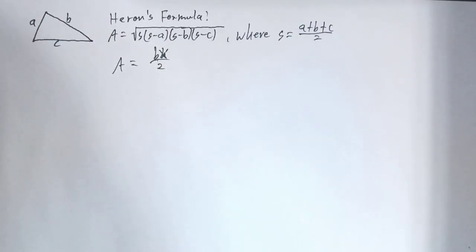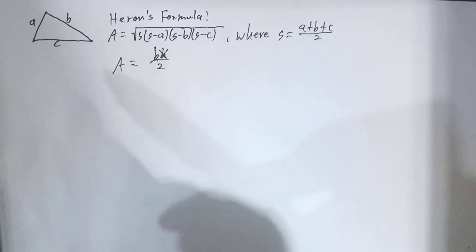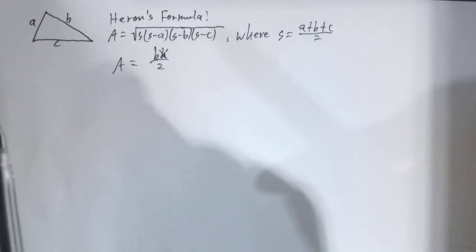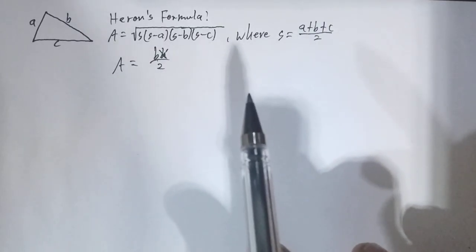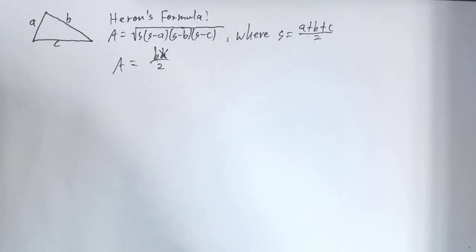We can solve the area of a triangle directly by just knowing the side lengths of a triangle, which in this case are A, B, and C. Just plug them in and then we'll get the area of the triangle. Now, with that, let us try to derive Heron's formula.